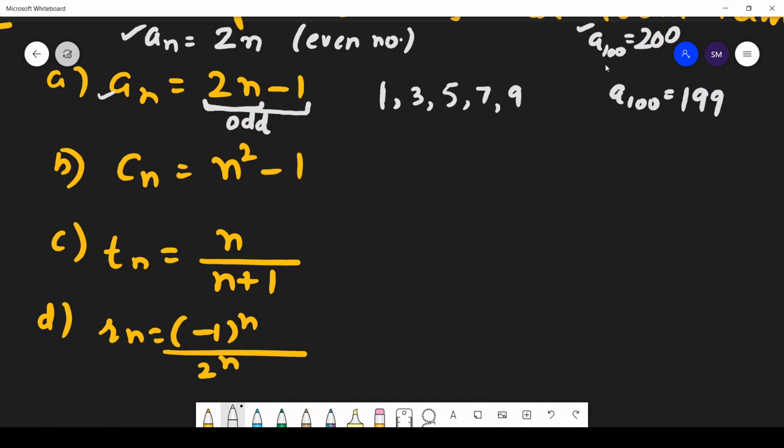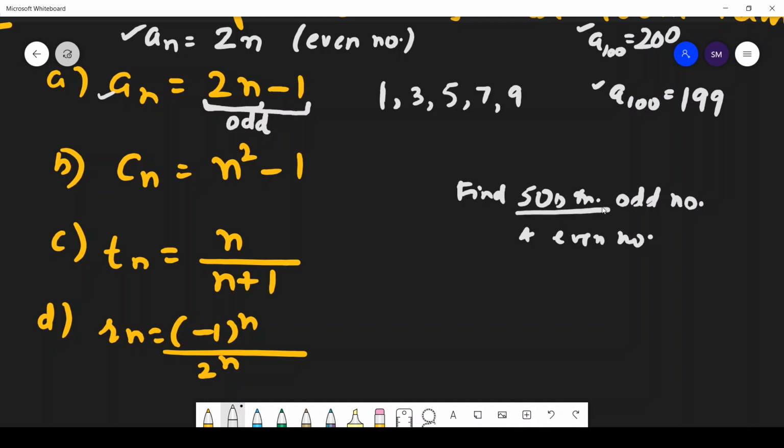So students, now I am asking you, find the 500th odd number and even number. So tell me, what is the 500th odd and even number?